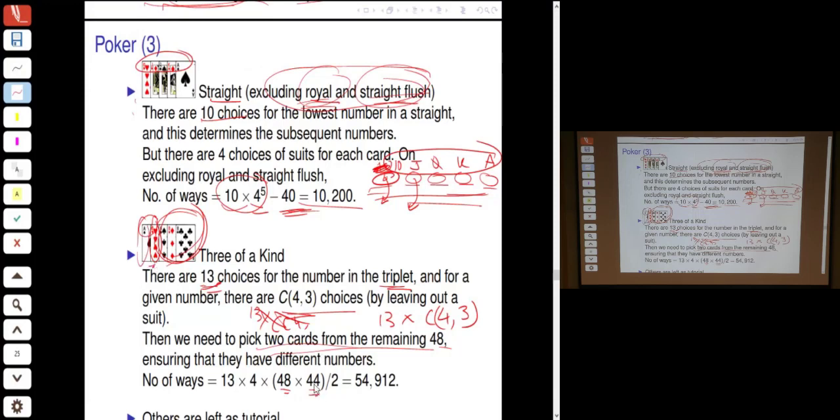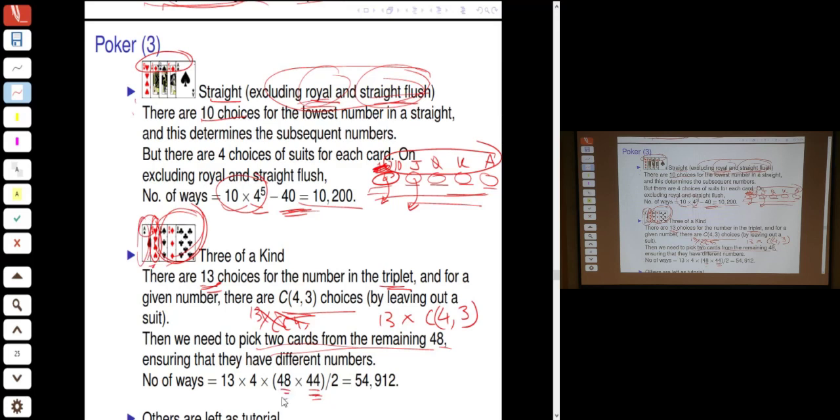So that is 44, because once you choose 10, there are 4 cards having the number 10. So from the 48 you remove all the cards having the number 10, and you have 44 cards, and you choose any of those 44 cards for the first.